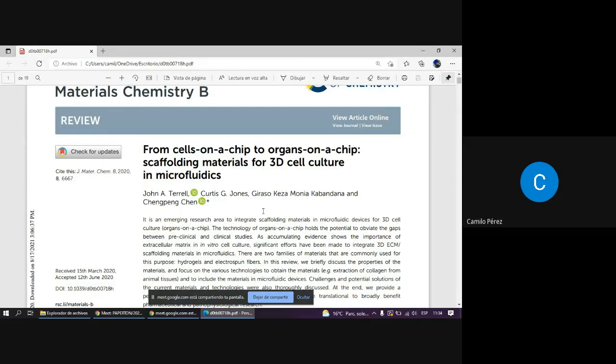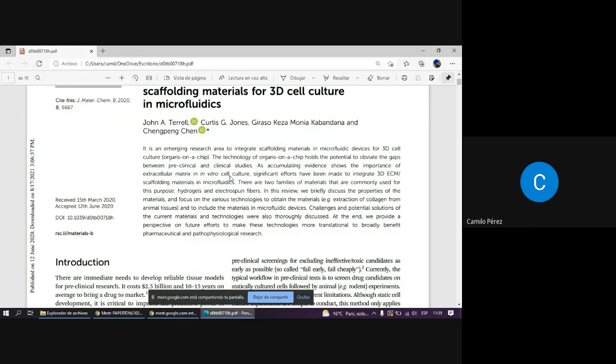I continue with the topic of last week. I found this paper very interesting, it's a review, but this paper describes many alternatives for constructing different microfluidic devices with biomaterial compatibility.